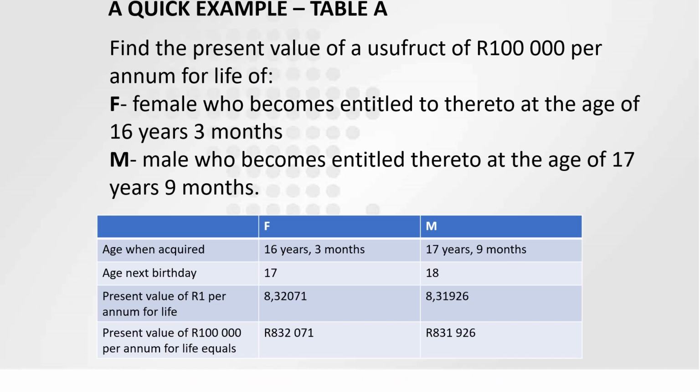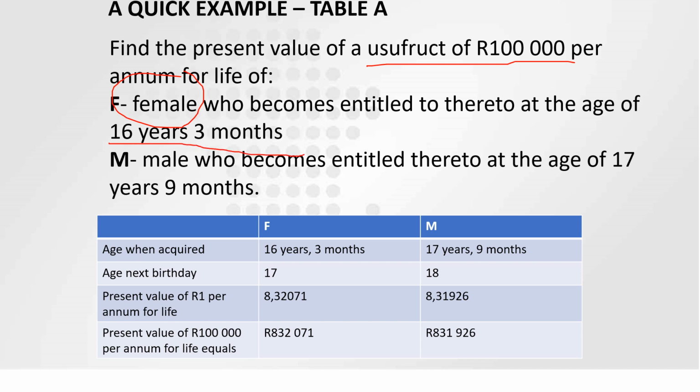A quick example: assume we have the annual value already of a usufruct of 100,000 Rand, and we're looking at valuing this if the beneficiary is a female who becomes entitled to this usufruct, for example, at the age of 16 years and 3 months.